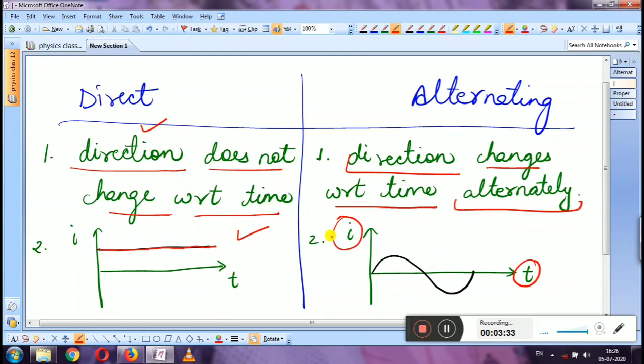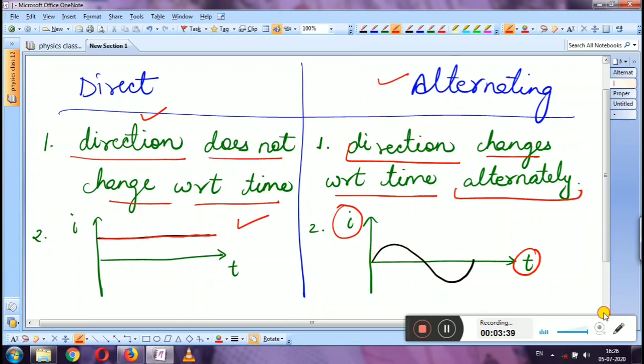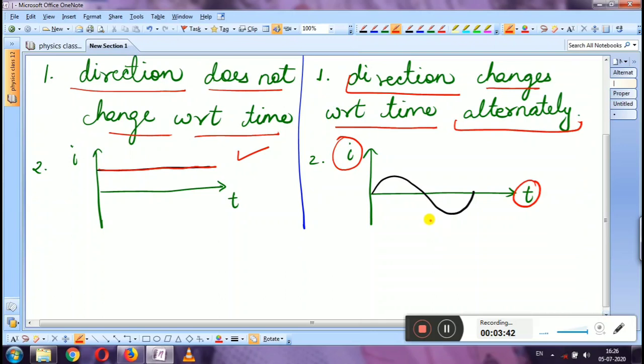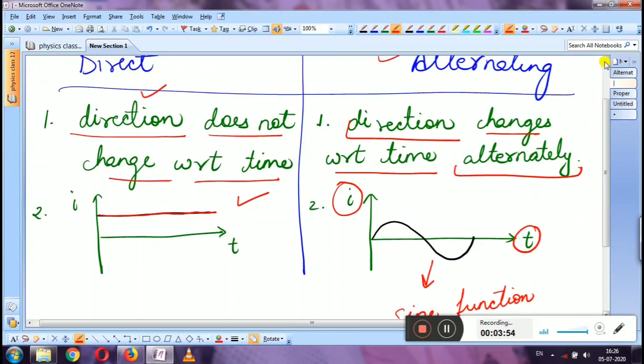And you look here, the way we represented alternating current, it is sinusoidal. This function which you can see here is called sine function, which was our second part to take in our lecture today.